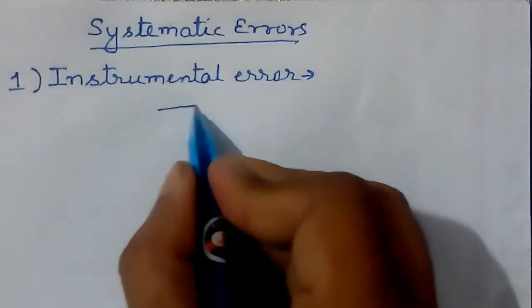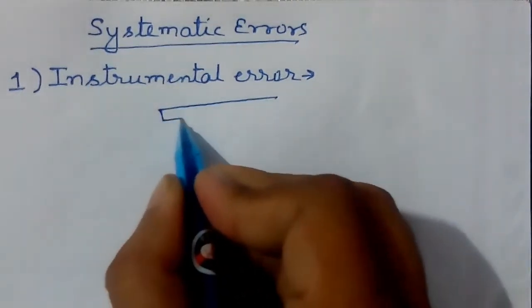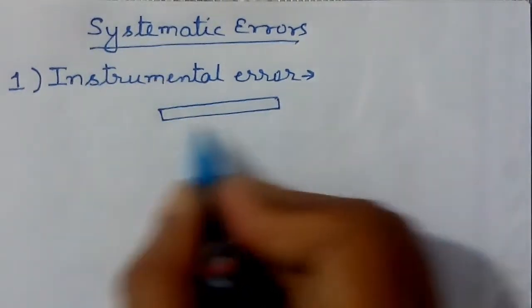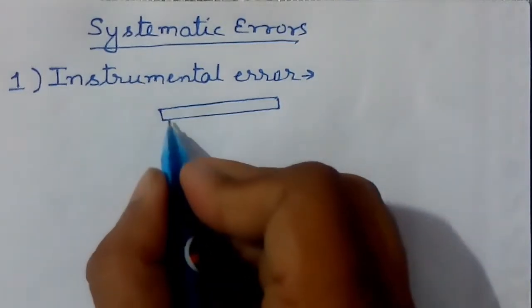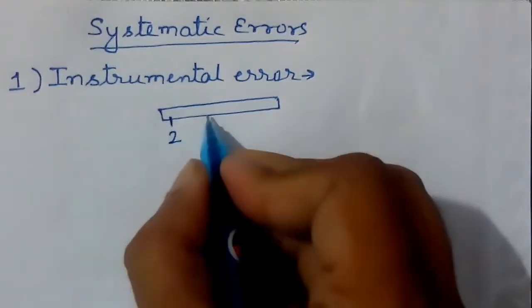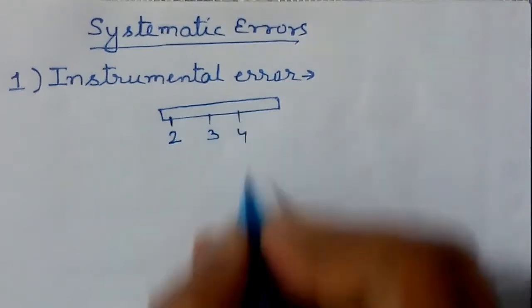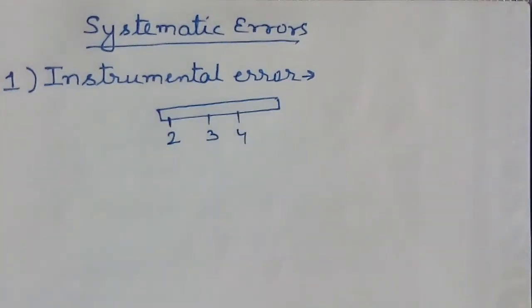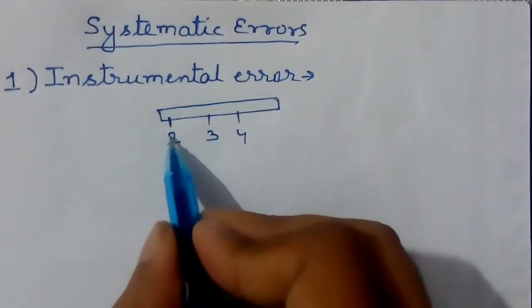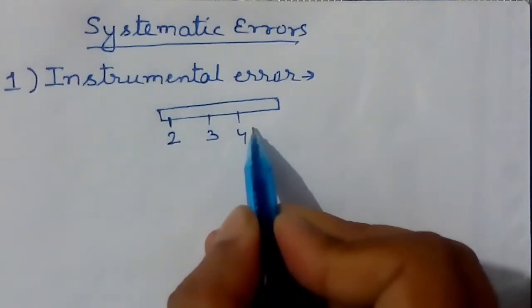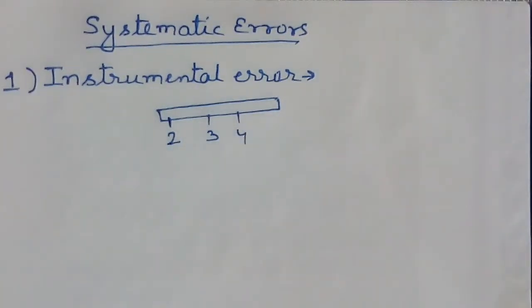Suppose we have a scale and it's broken from one end and here it starts with 2, then 3 and 4. Now what will we use? We will perform the experiment from here. So that is due to the damage of the instrument. So that is a possibility that error may occur in that.